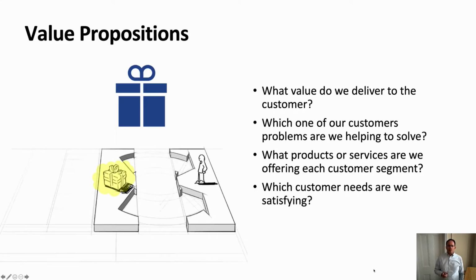In terms of value proposition, this is where you capture the value you deliver to the customer. And again, if you haven't done the value proposition canvas, what you're drilling into is what of your customers' problems you are helping to solve. Which needs are you satisfying? So capture that if you can.